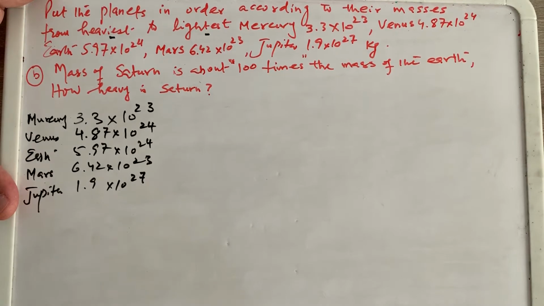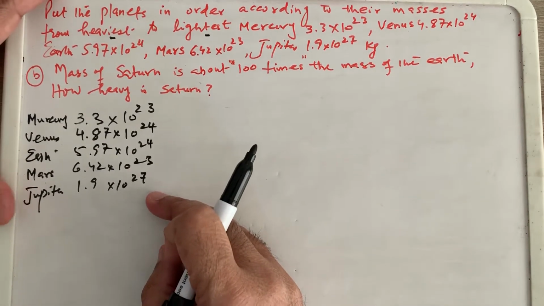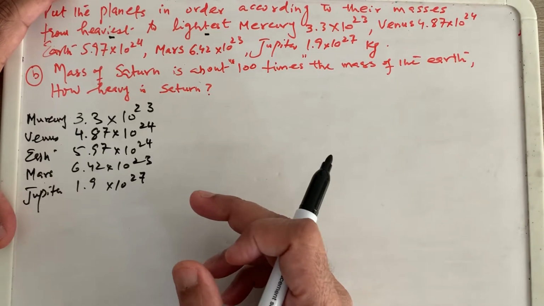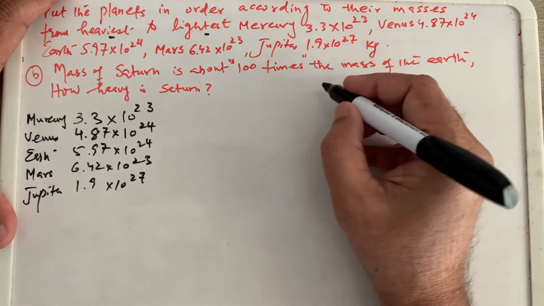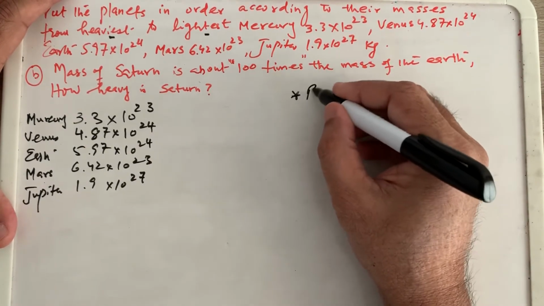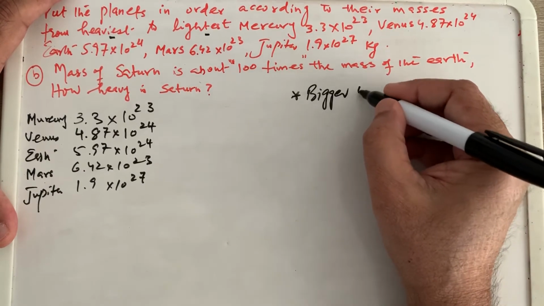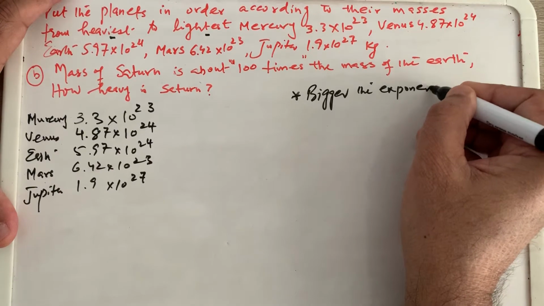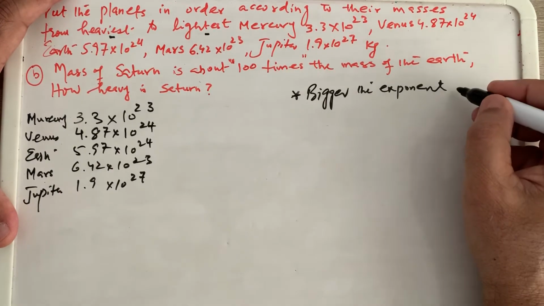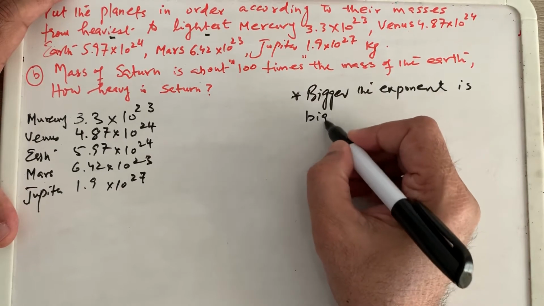Here you can see that the bigger the exponent is, the heavier the mass is, right? The bigger the exponent is in scientific notation, the bigger the number is.